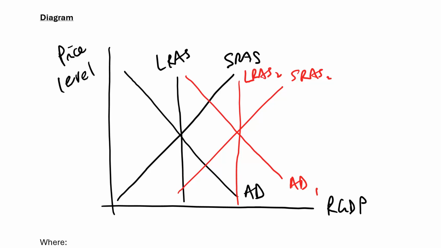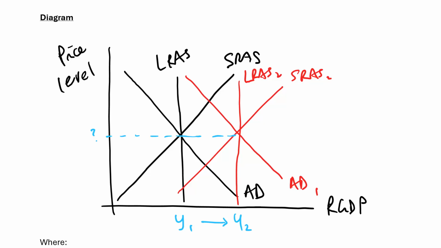And so we can change output from Y1 to Y2, and we don't really know what happens to inflation, depending on which effect is stronger, whether the supply side or the demand side dominates.